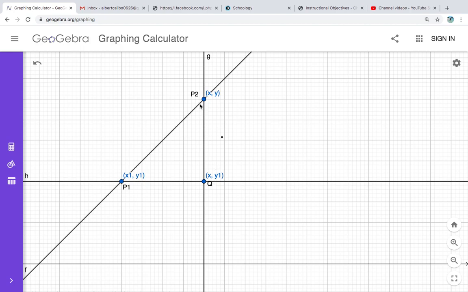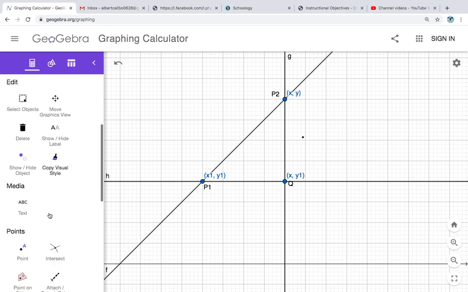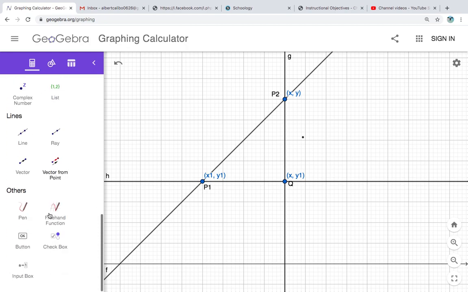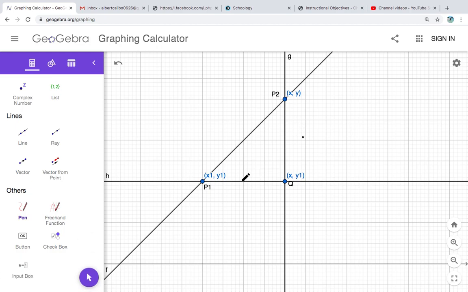So we know that the slope is the change in y over change in x.